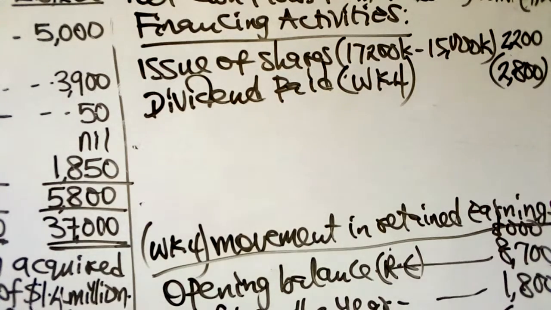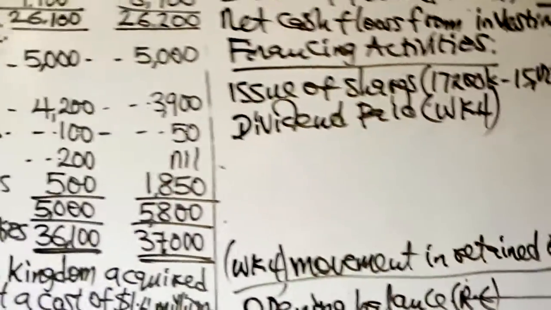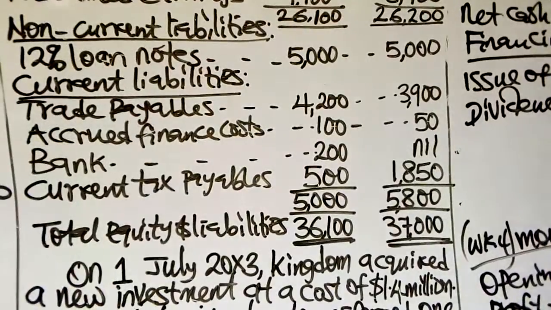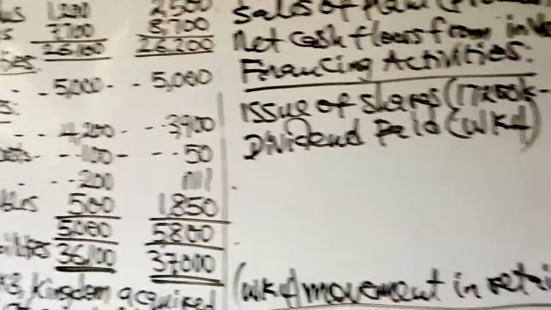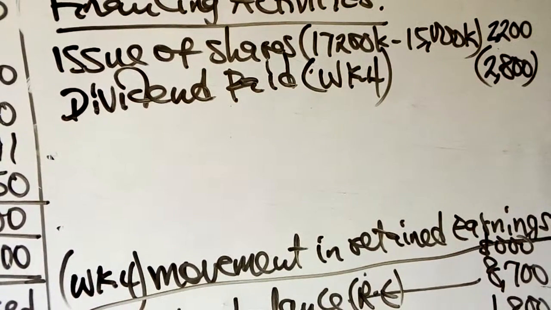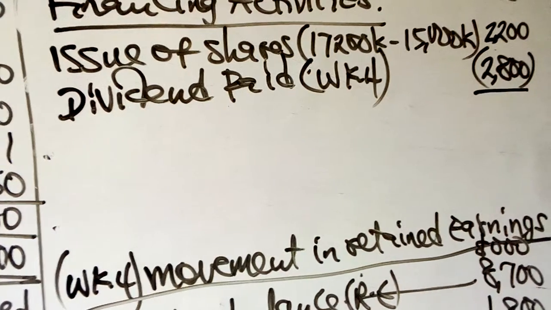Then you also check loan notes under non-current liabilities. You have 12% loan notes, 5,000 in both opening and closing. That means the loan notes remain constant, so there has been no repayment of loan notes, and no issue of further loan notes.